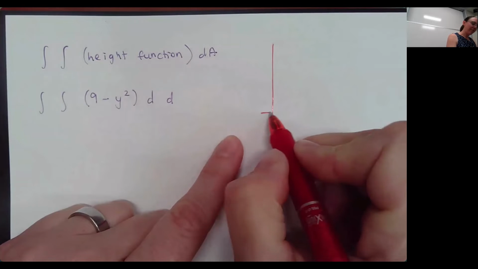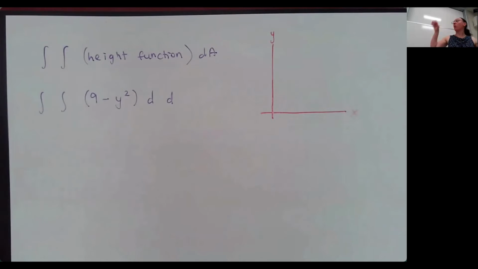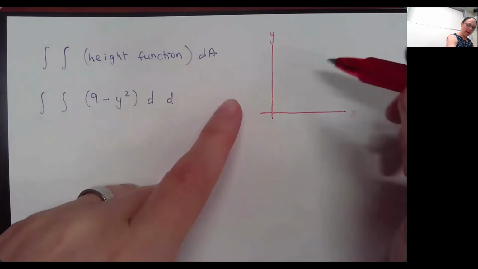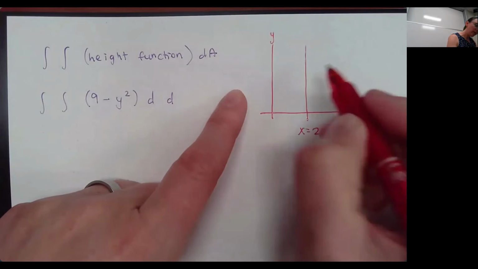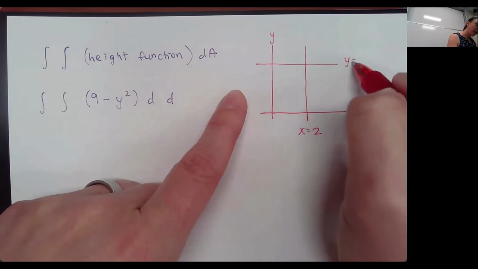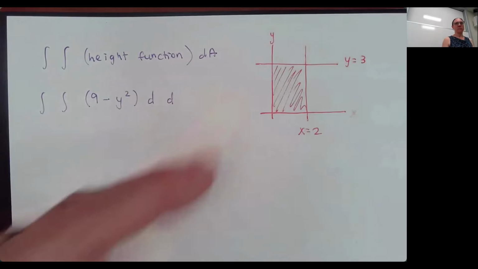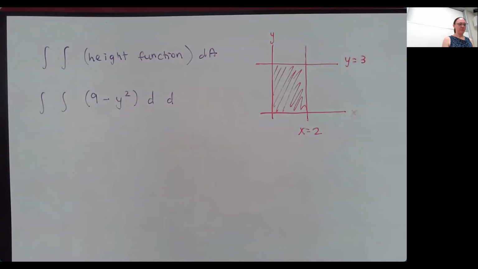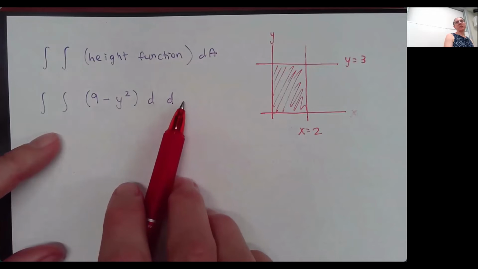Octant, if I smash that flat and I'm just thinking about the x and y axis, means we're only looking at positive values of x and y. So if I am bound by x equals 2 and y equals 3, then I'm integrating over this rectangle. I have the choice whether to set this up with dy on the inside or dx on the inside.